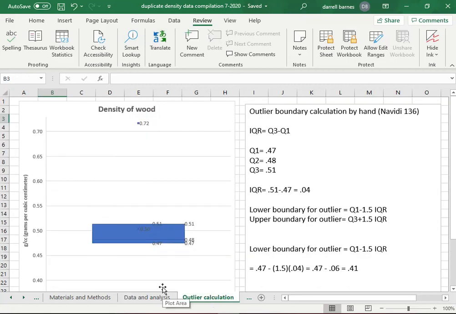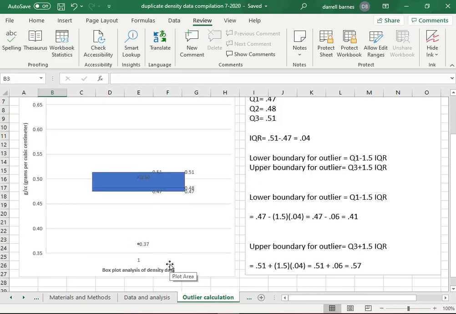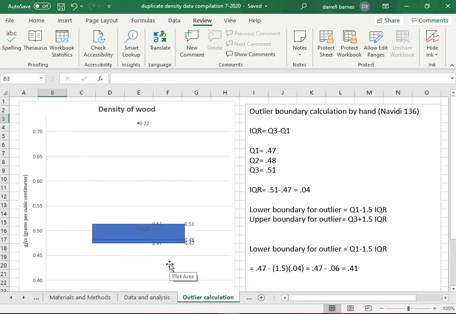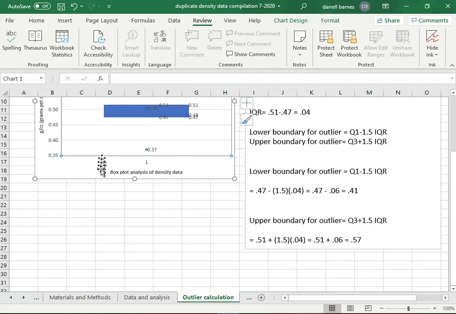The outlier boundary. All right. I really would like to have a bit of a description of what this is all about. What is an outlier? And what's an outlier boundary? How about, let's try this. Let's make this chart. Can I grab a hold of this?